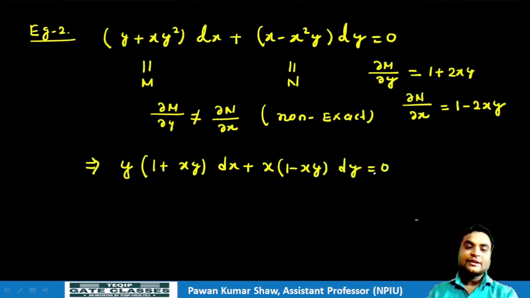That means we are able to write y into some function of xy, where xy is a product term, and the other expression is also some function of the product xy. So this equation fits our rule number 2.